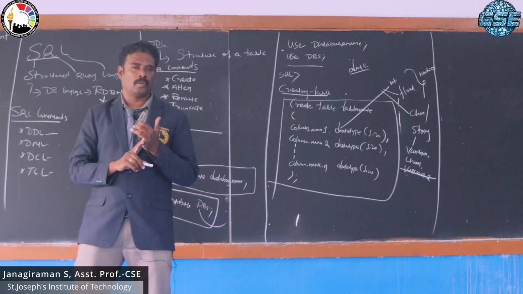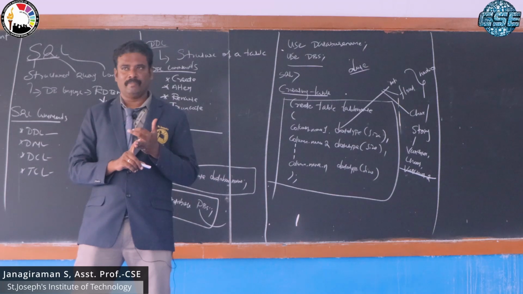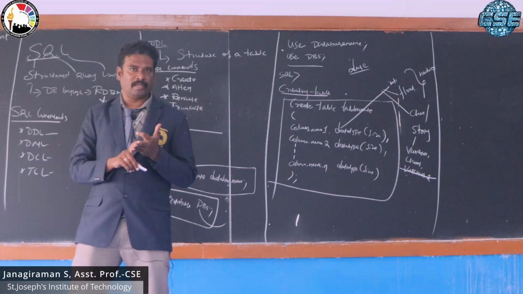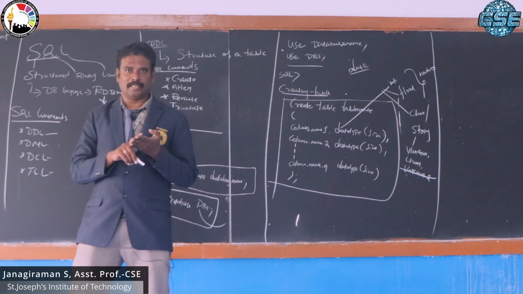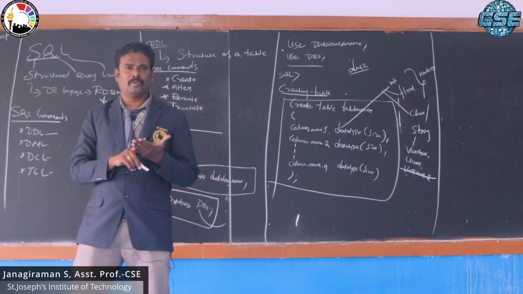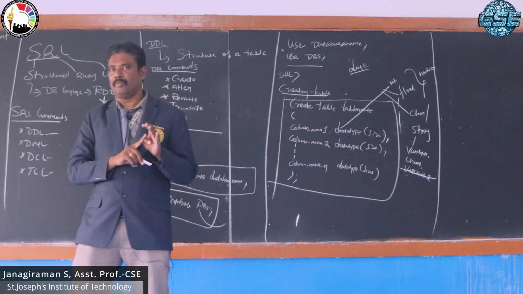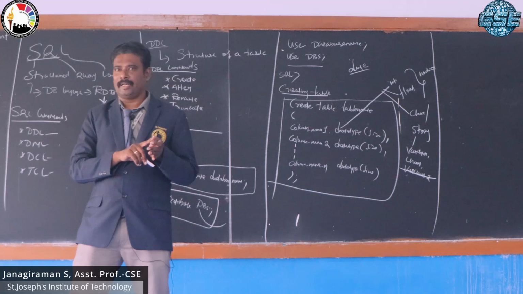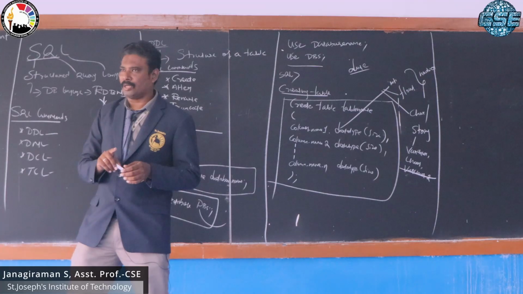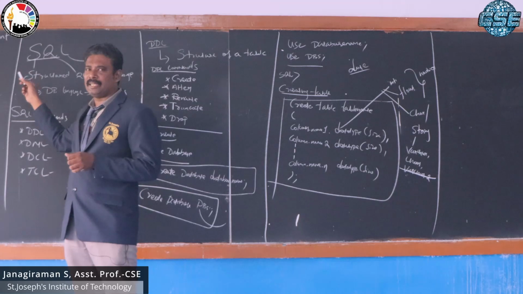It may have a register number, a name, then a department, since a student belongs to a department, and of course age. Many more fields can be included, like date of birth, mobile number, then email IDs. It is up to the user, whatever data needs to be collected from a student can be set as an attribute.